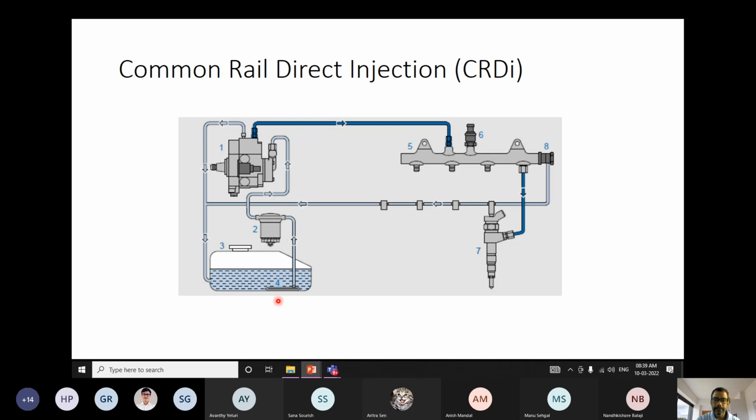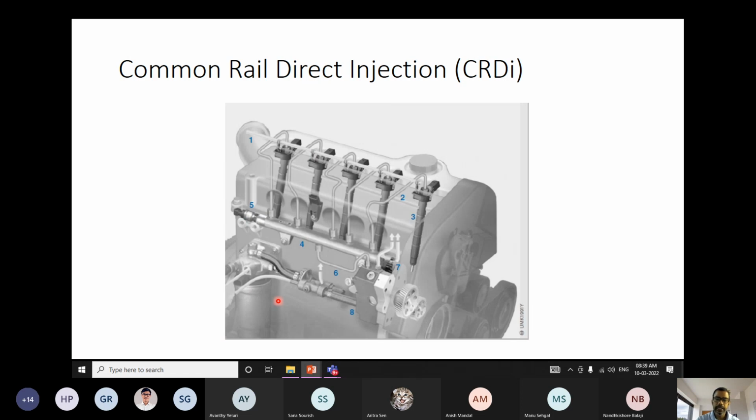All these pictures that I'm showing here, I have taken from the book Diesel Engine Management, written by Robert Bosch. I would ask all of you to please go through that chapter about the CRDI system.